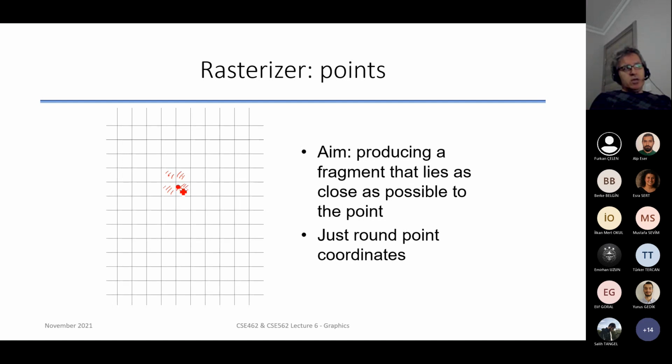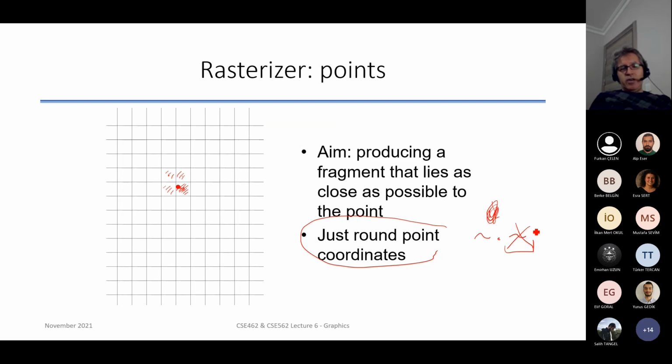So if I just want to do the rounding, I will only do, not even an if statement. I will take my floating point number and just get rid of the decimal part of it.